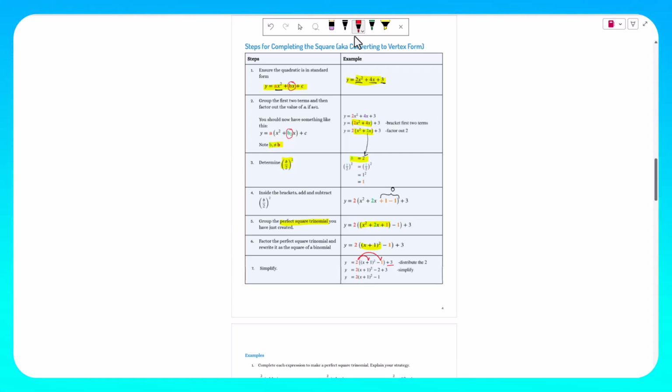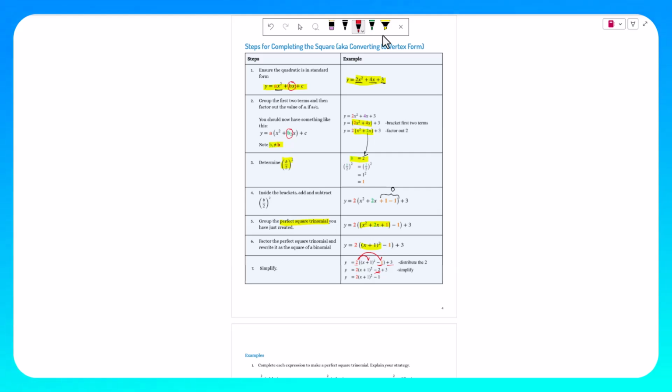So I write the 2 times, the first term is that whole binomial, so 2 times x plus 1 squared. The second term is 2 times negative 1, so 2 times negative 1 is negative 2. So I have 2 times x plus 1 squared minus 1.